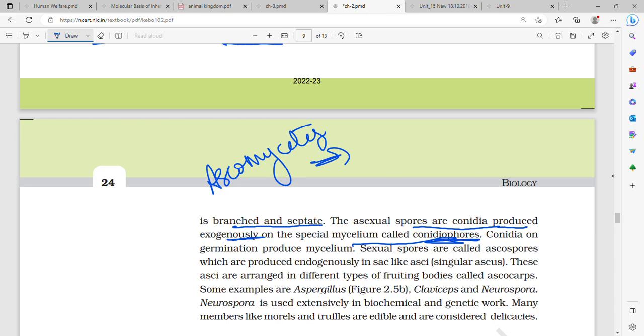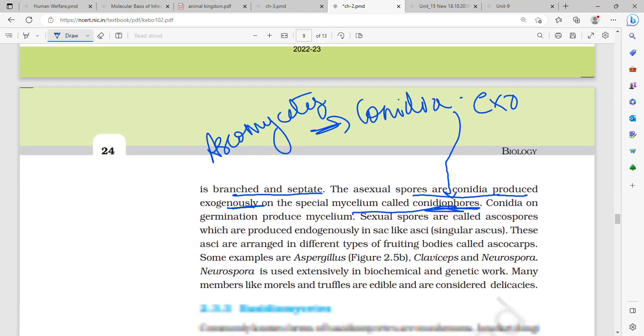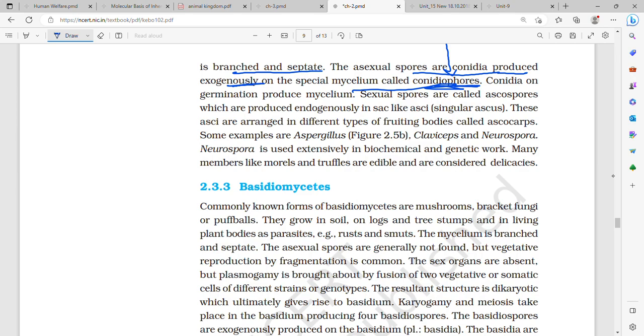Here in Ascomycetes there are conidia, which are asexual spores, exogenously produced on conidiophores, and conidia on germination produce mycelium. Sexual spores are called ascospores, which are endogenously produced in sac-like asci.